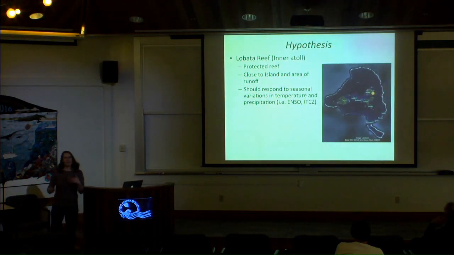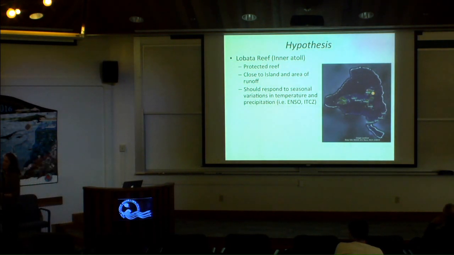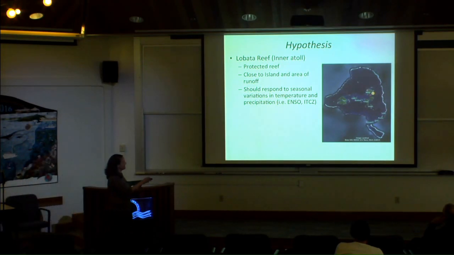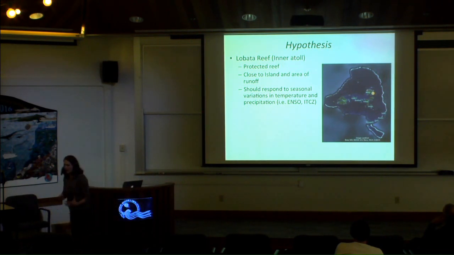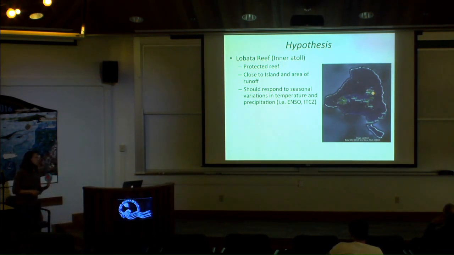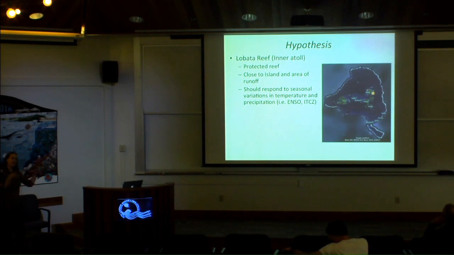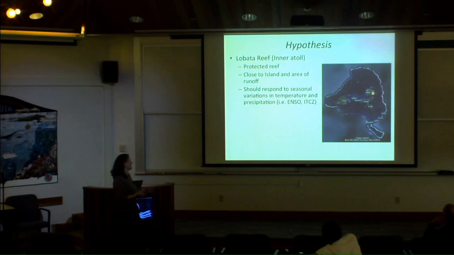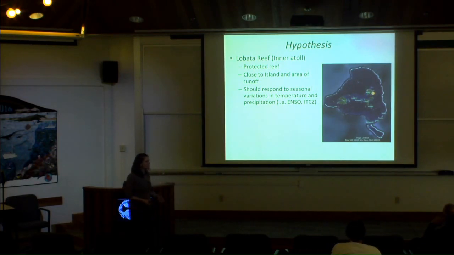The hypothesis around picking these 2 different sites was that the inner atoll area is kind of protected, the wind isn't blowing, there is some circulation within the lagoon, but we thought that this might be a good place to pick up on seasonal variability.